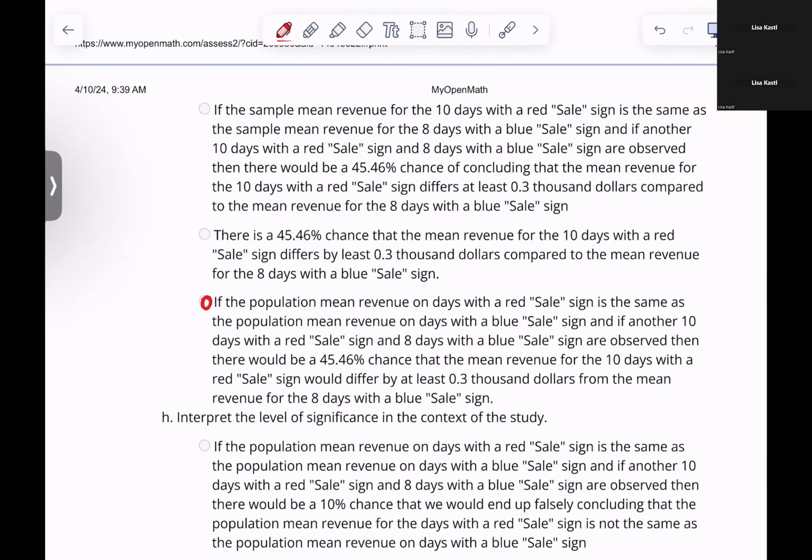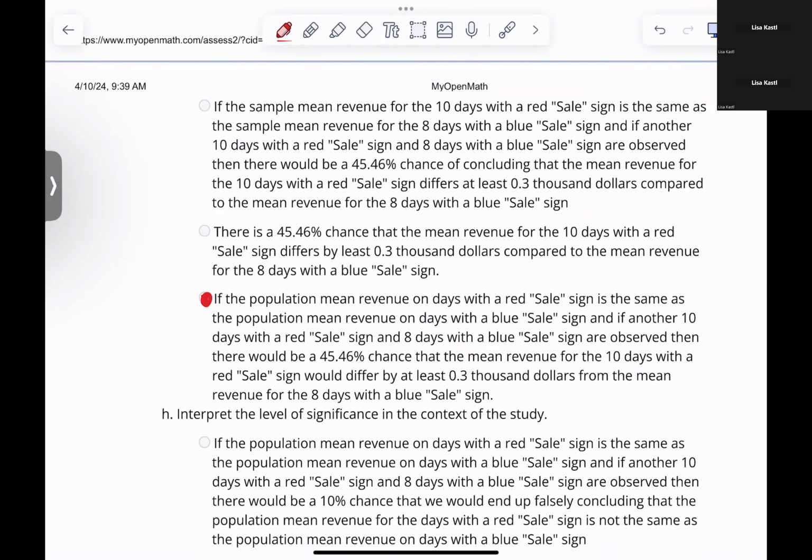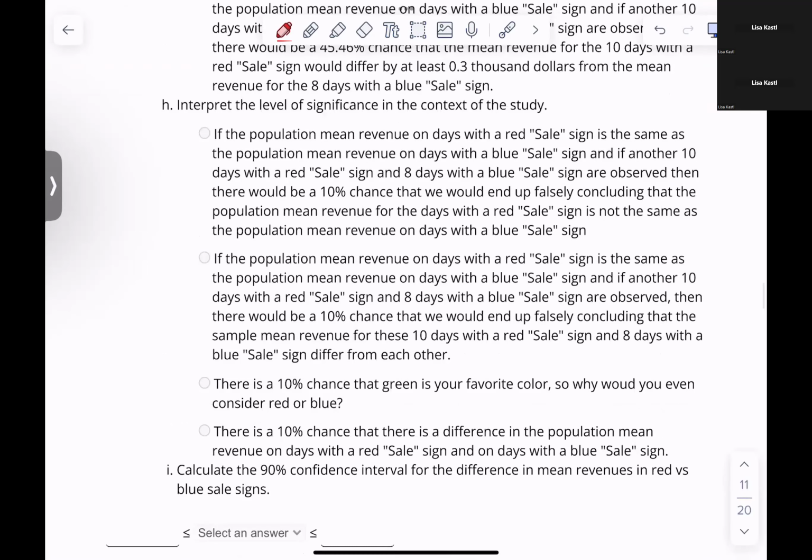It's got to be the last one. Population mean. The sample mean, that's not what we're testing. Okay, so what's this one? We're interpreting the level of significance. First one, how'd you get the first one? Population mean, not sample mean.